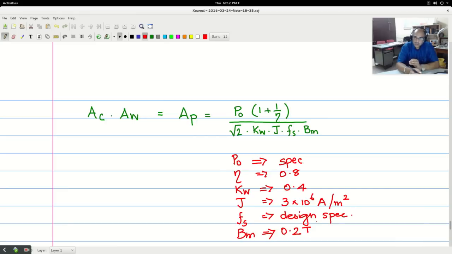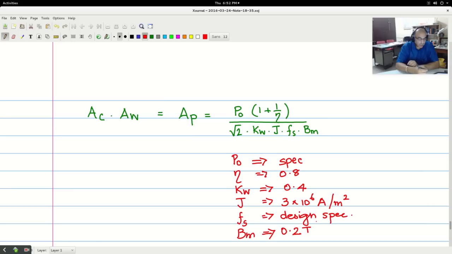Remember that for most of the ferrites, the saturation flux density is 0.3 Tesla, and you can safely design at 0.2 Tesla. But there are high frequency cores like powdered iron and amorphous cores with the brand name Metglas. They have pretty high saturation flux density, around 1.6, so you can safely design at around 1.5 Tesla, which will give you a much smaller size core.